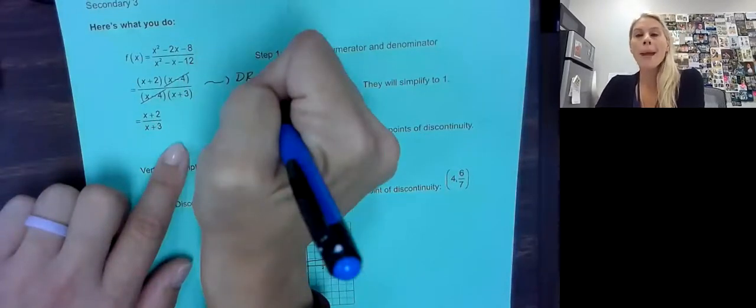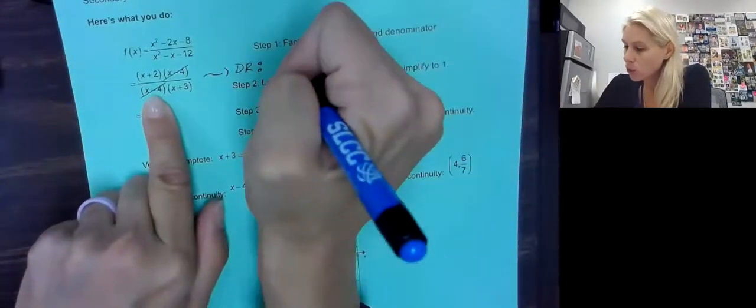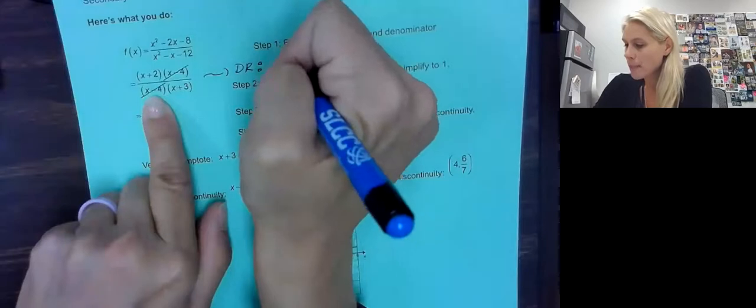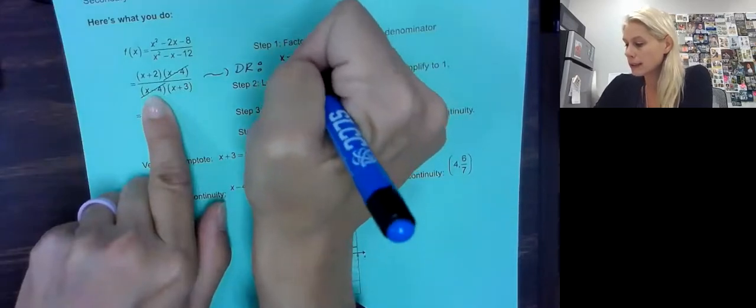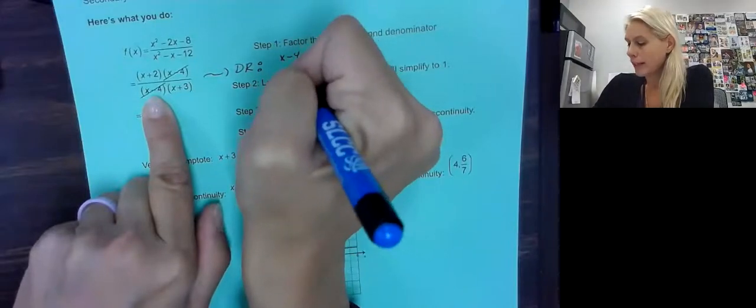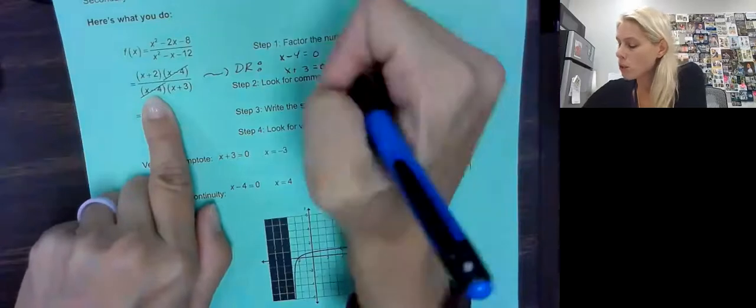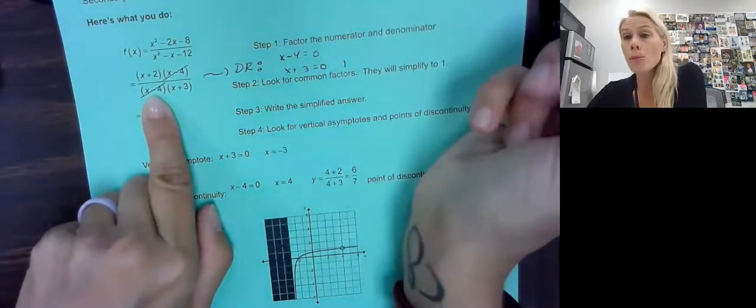So what makes anything 0 in the denominator? So in other words, we're asking ourselves, what makes x minus 4 equal 0? And what makes x plus 3 equal 0? So with those two, that means we have two domain restrictions.